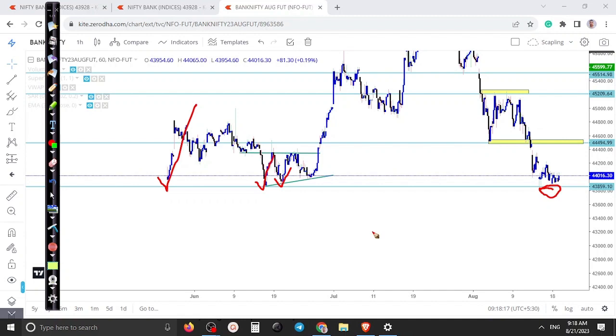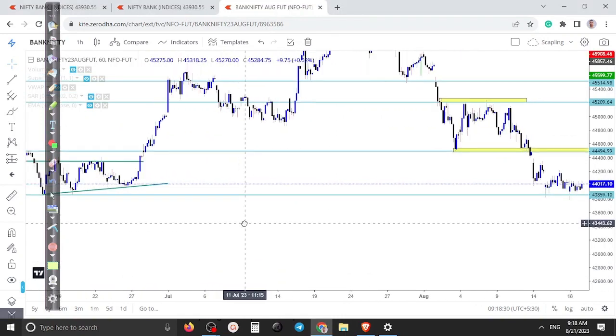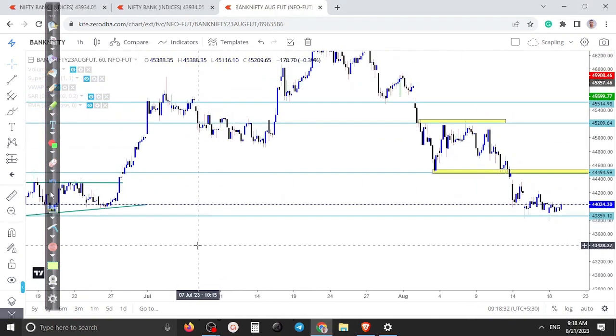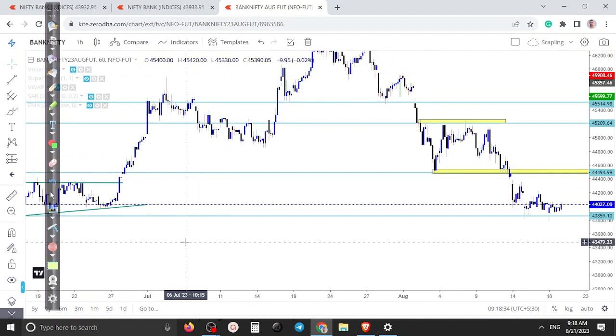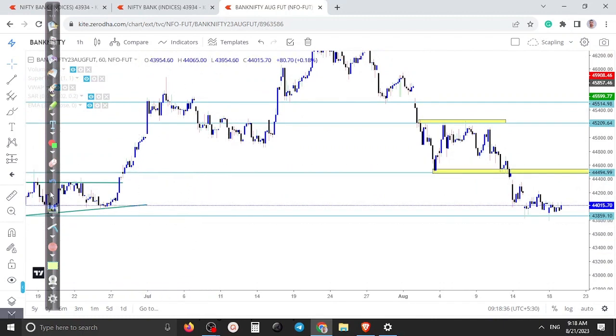So what type of pattern are we looking for? Now you can see a similar pattern from before the market formed, during 20 July. You can see this one, July.